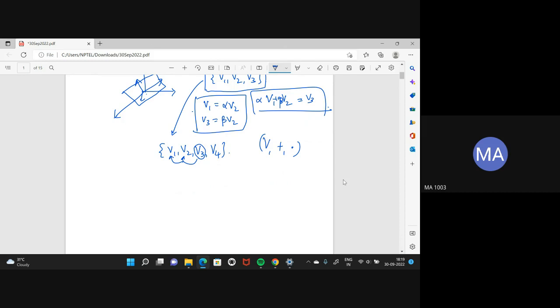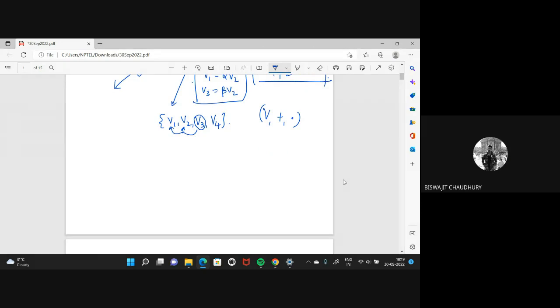That is a vector space, and then we have what is called a subspace. A subspace is nothing but a subset which is also a vector space with respect to the same addition and same scalar multiplication. To check if something is a subspace, it is enough to check only 3 conditions: closed with respect to addition, closed with respect to scalar multiplication, and whether the 0 vector belongs to the subspace or not.